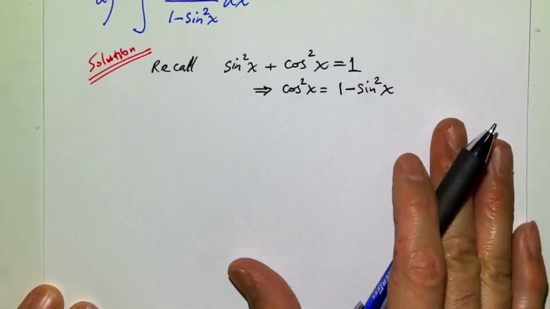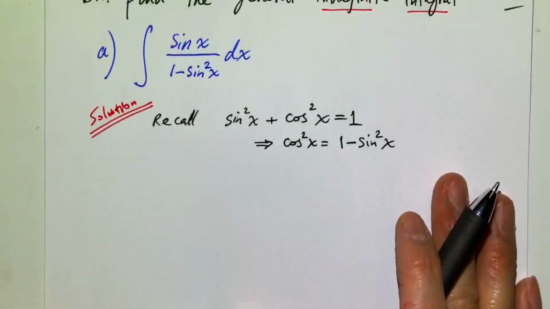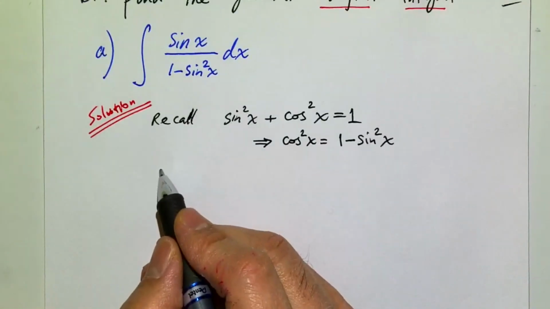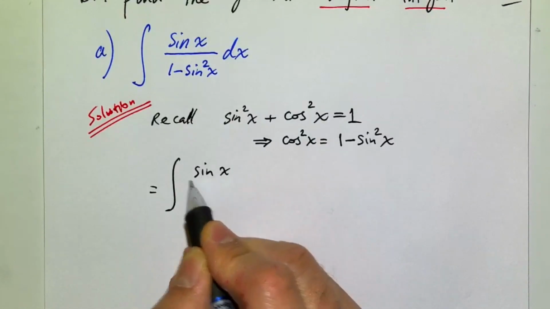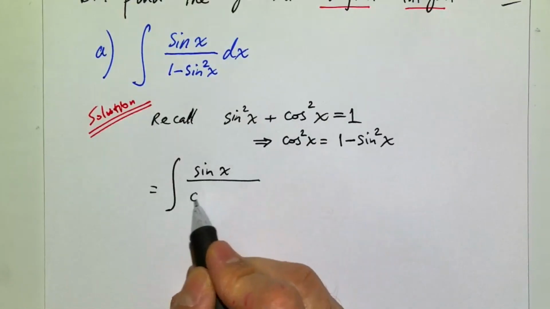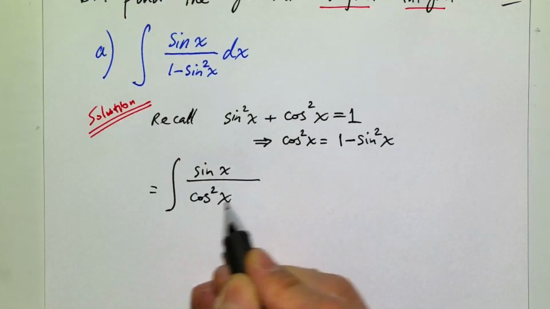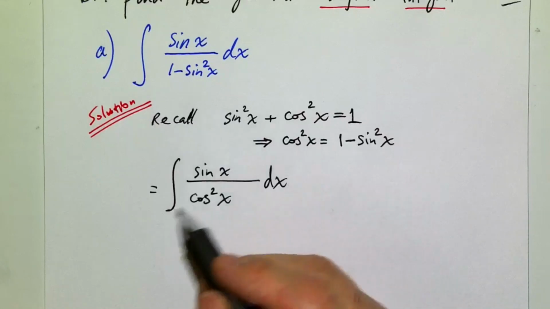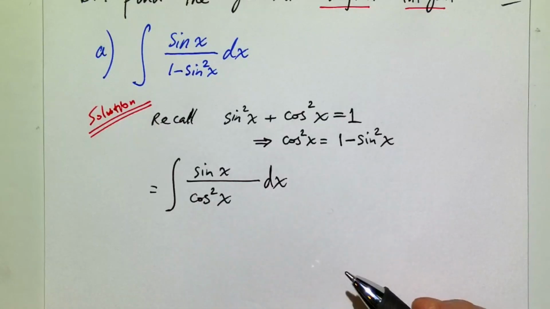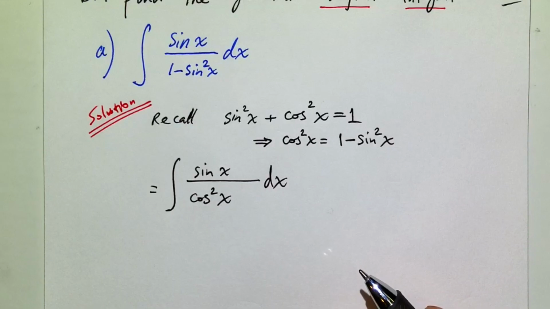All right, so we're going to do that. So sine of x divided by cosine squared x dx. Now, we have to get this to somehow look like one of those formulas that we have, right?